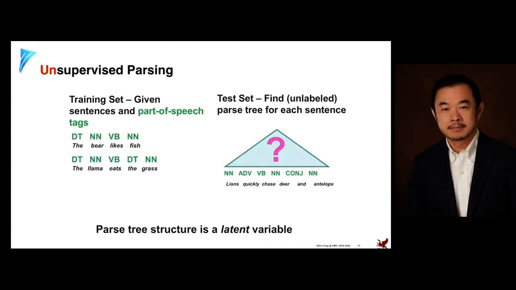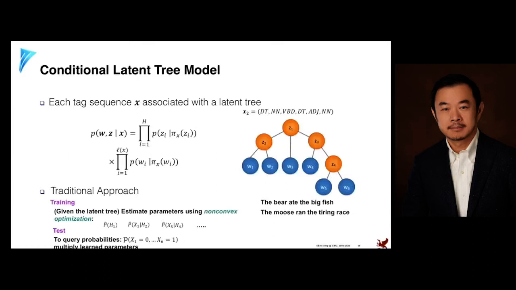But in unsupervised parsing, we are given only the sequence and also the part of speech tags, right? And your goal is to estimate the hidden parse tree given the sequence. How can we do that with a spectral approach?